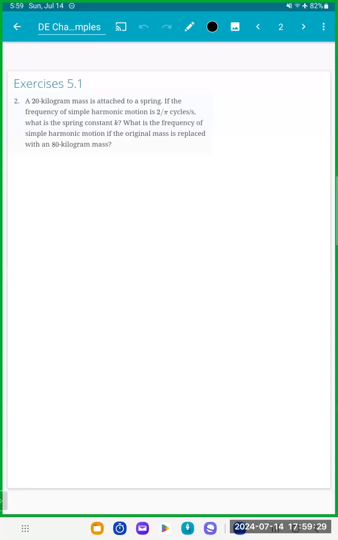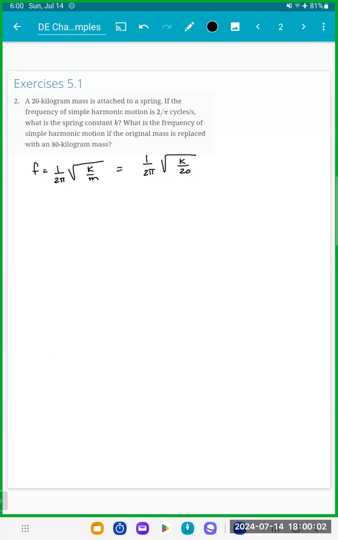For this problem, it provides us that our mass is 20 kilograms and that F is 2 over pi cycles per second. So the first thing we want to do is find our K. We have F is equal to 1 over 2 pi times the square root of K over M. We're solving for K, but we know that M is 20.